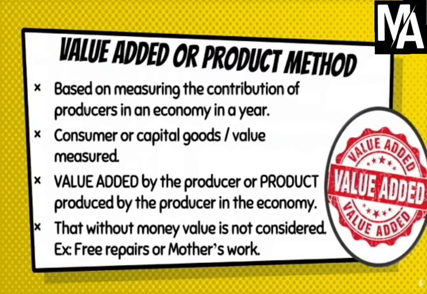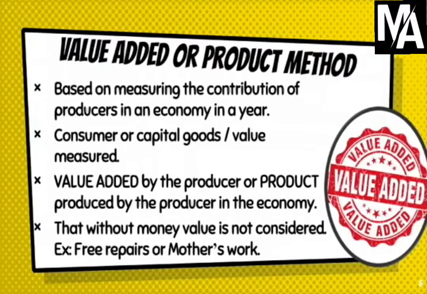understood as national income. So in this particular method of calculating national income, we will not consider all those items which do not have any money value. For example, a mother works at home, but nobody pays her salary or remuneration, and that work cannot be compared with money. So that will not be included in national income.